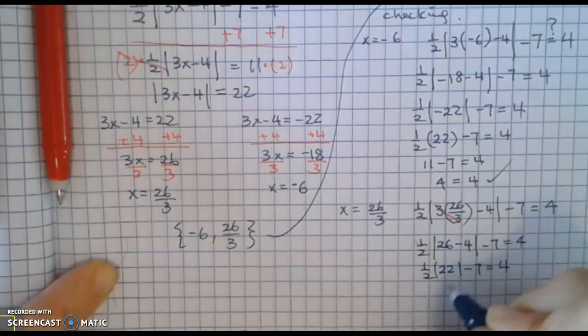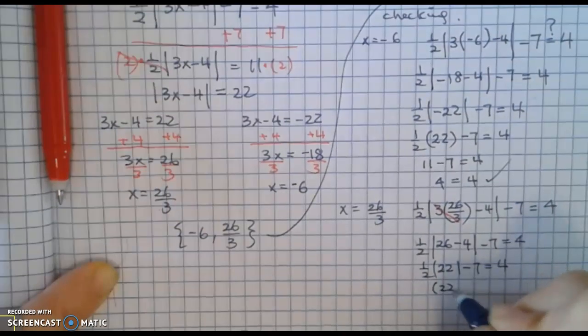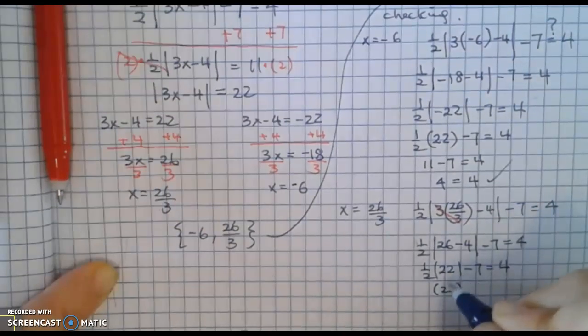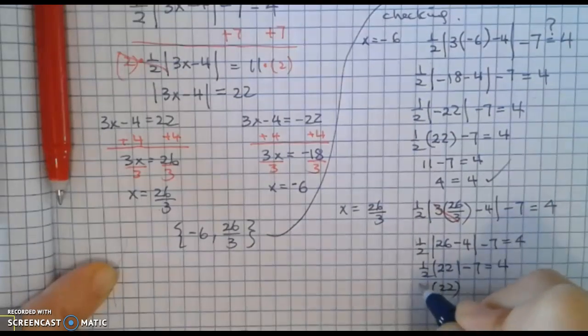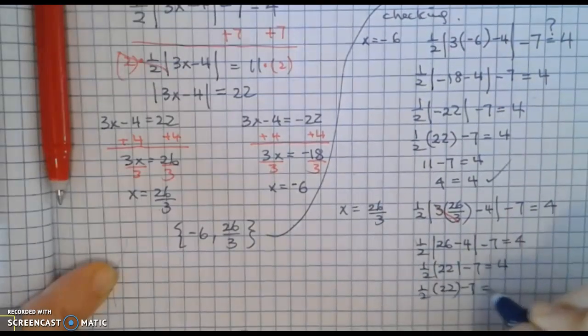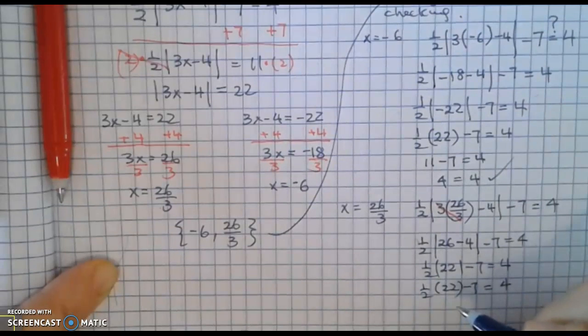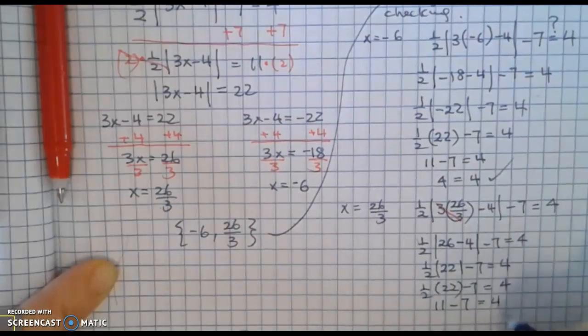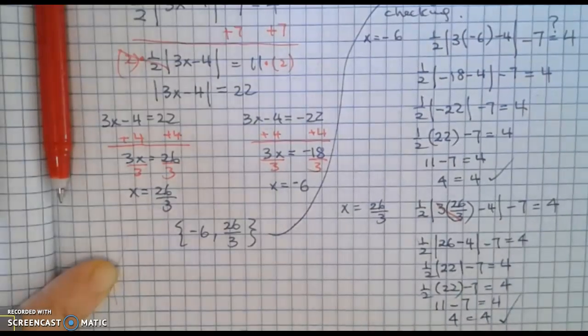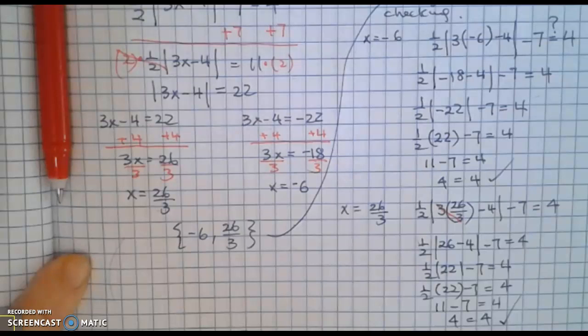What's absolute value of 22? That's just 22. And I'm writing it in parentheses because I've applied the absolute value function now. And so then half of 22 is 11, minus 7 is equal to 4. And that turns out to be 4 is equal to 4. So that checks out. So those are my solutions.